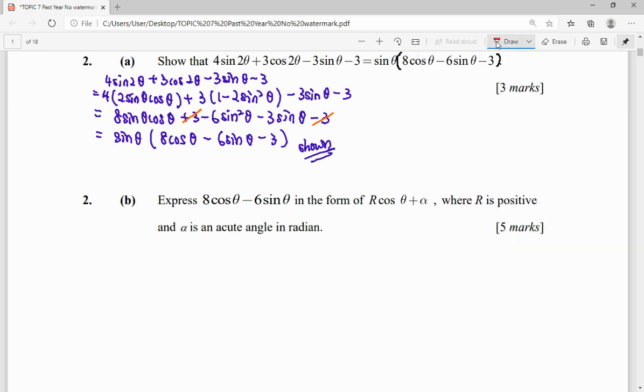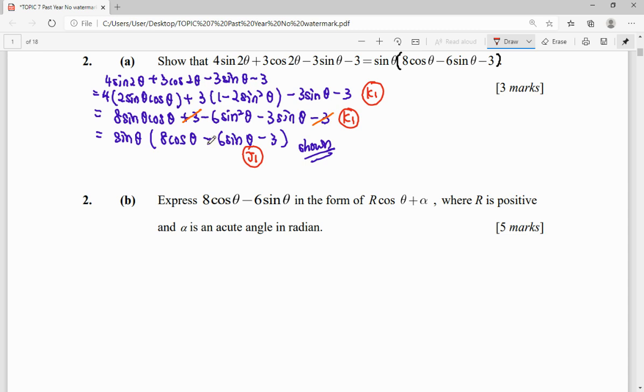So the important concept we apply here is our concept of double angle, which is the double angle for sine 2 theta and the double angle for cos 2 theta. And another concept is we factorize and get to the answer the question asks us to show here.